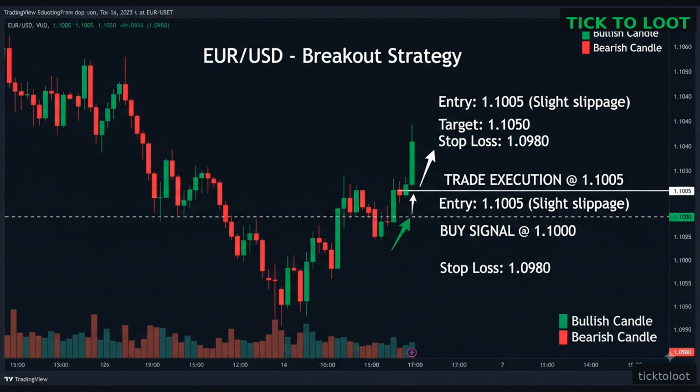In this example, the latency was caused by a slow internet connection. The signal was sent to the broker, but it took a few seconds to execute the trade. This delay resulted in a worse trade, which could have been avoided if the latency was minimized. In the next scene, we'll discuss the most common mistake beginners make with latency in algo execution.